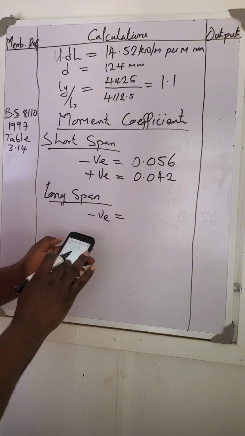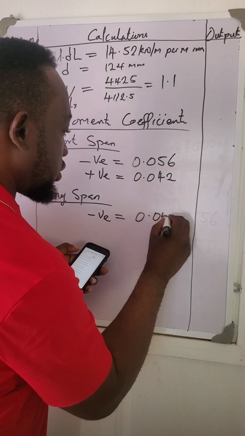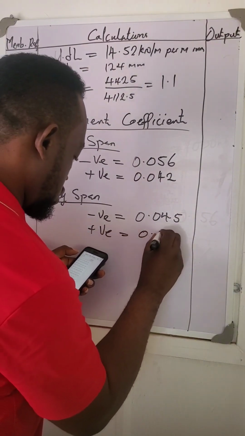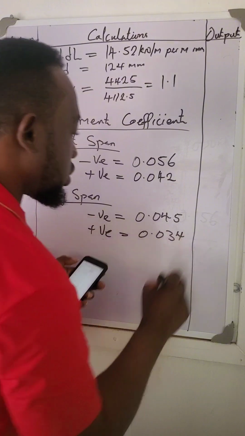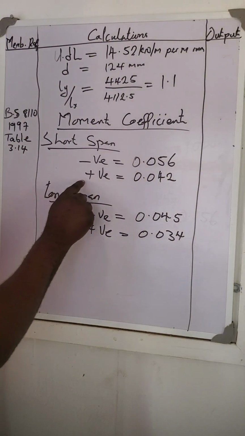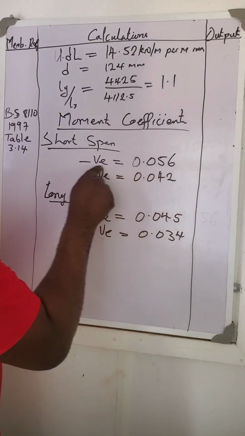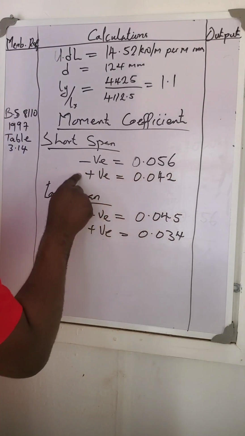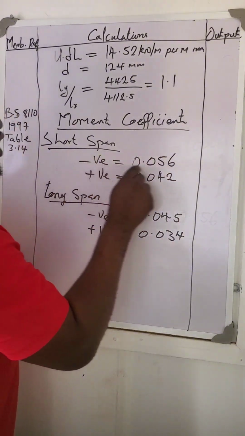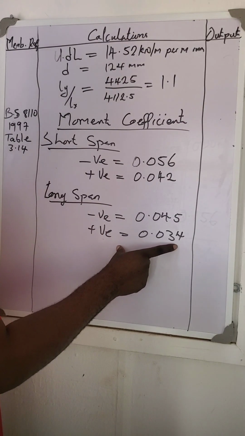So you go to the long span, the negative value is 0.045, while the positive value goes to 0.034. All right. Now, when you are designing for the short span, you use this positive value for the mid-span coefficients. When you are designing for the support, then you use negative value for the continuous edge. All right. Likewise, when you are designing for the long span.